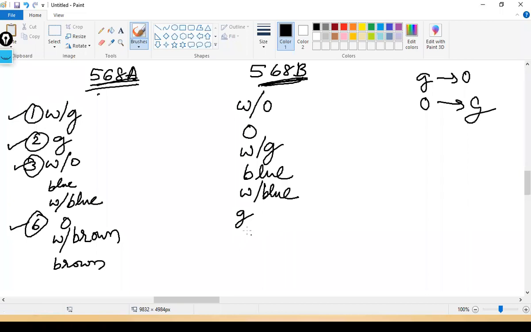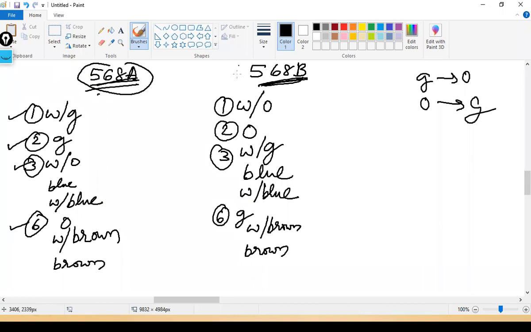The seventh one will be white brown. And the eighth one will be brown. Here again, pins 1, 2, 3, and 6 change, whereas the other 4 remain the same. So these are the crimping standards, 568A and 568B.